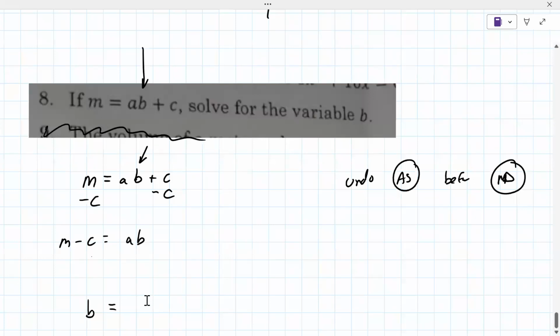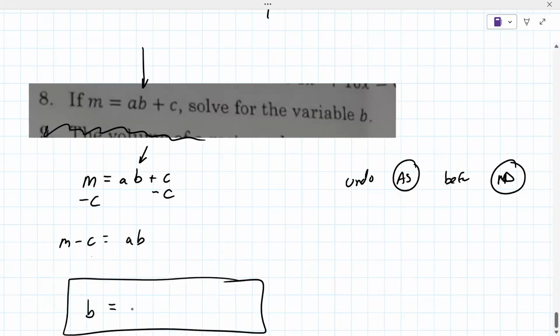Anything else? Where's the A? The A is by the B. Okay, but we're undoing that, right? I'm asking you to give me the final answer. Imagine I'm just grading what goes in the box here. Tell me B, what goes in the equals box. M minus C. Okay, that's the same as this line. We have not solved for B. You have to undo this A. How do you undo it? You divide by A.